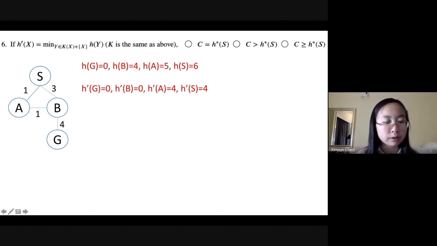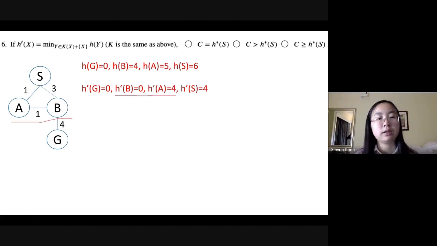Then what's the problem here? Because there's already an edge of cost 1 between A and B, comparing H prime B and H prime A, it definitely does not satisfy the consistency criterion, because the difference of 4 is greater than the edge cost of 1.